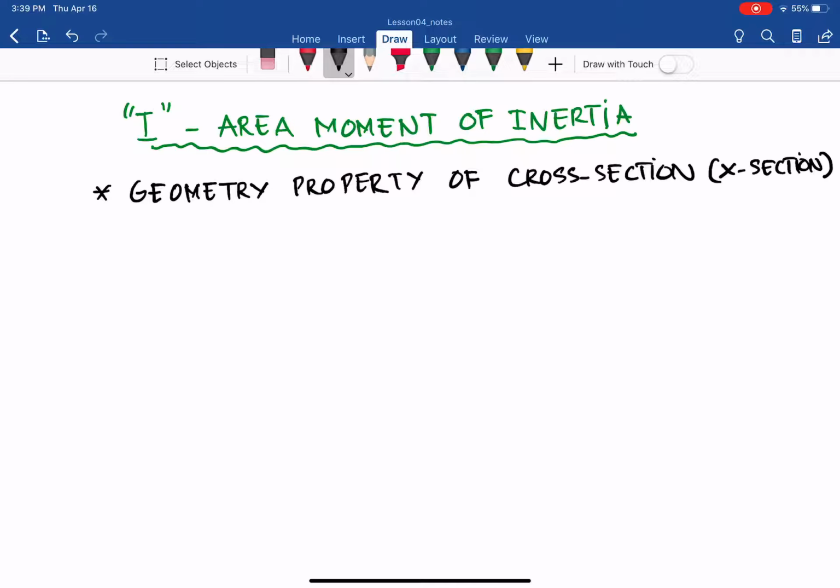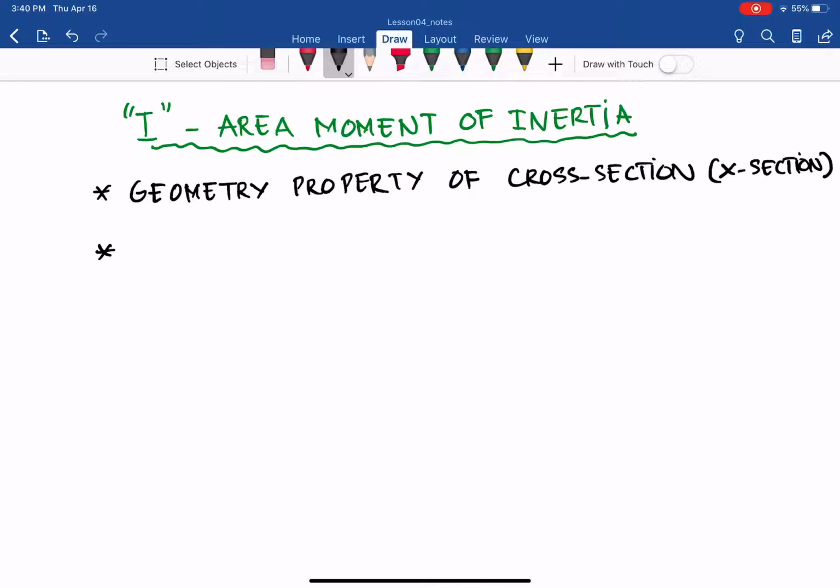And then what is the purpose of area moment of inertia? Let's get back to the concept in dynamics. Why do we need to determine the mass moment of inertia? Do you recall?